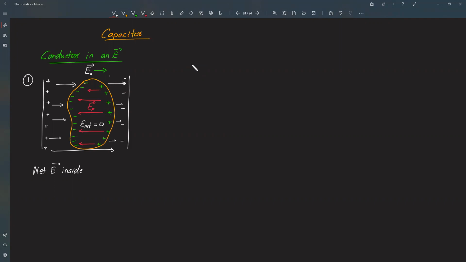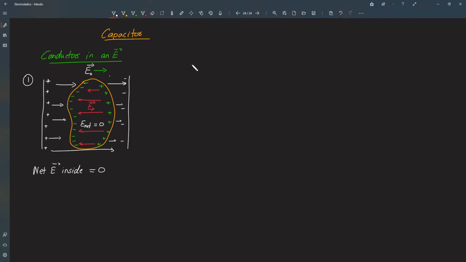Now this is not about the shell which we have seen earlier. It's not a shell. Any conductor inside an electric field will have 0 electric field inside it, right? That is, in the interior or in the bulk of the material or that conductor, the total or the net electric field will be equal to 0.